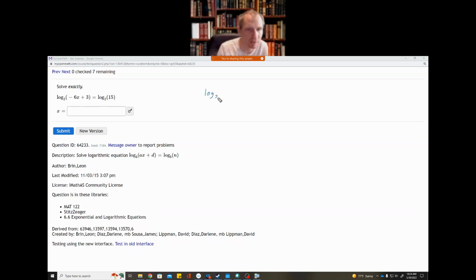If I had something like log base 2 of negative 6x plus 3 equals log base 2 of 15 plus 1, then I need to be careful, they don't just immediately cancel, because I take 2 to the power of the left-hand side and 2 to the power of the right-hand side. And here, it's just a log and an exponential. There's nothing else. They cancel.